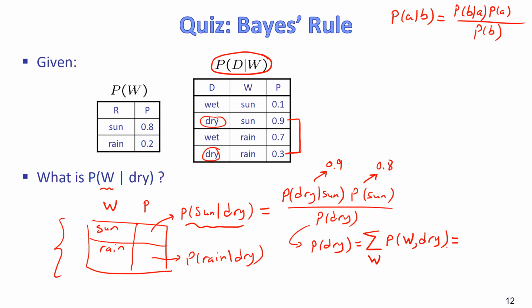This is a sum over all possible values of W, so it is P of sun and dry plus probability of rain and dry. Do you agree with me, Yusuf, so far? Do we have both of these probabilities in the table directly? We don't have them. How can we get them? How can we get probability of sun and dry?